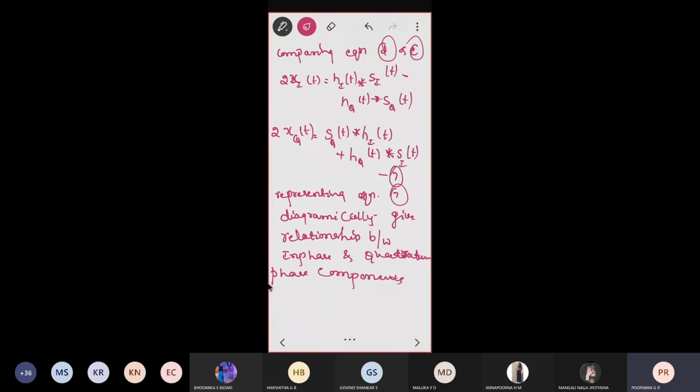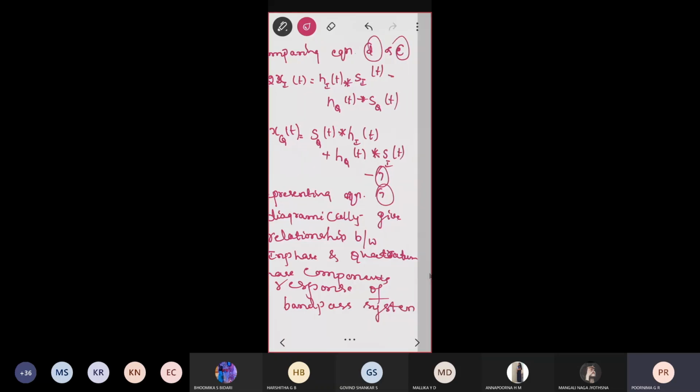The response of which system? The response of the bandpass system. So now let us see how we can represent that particular system.